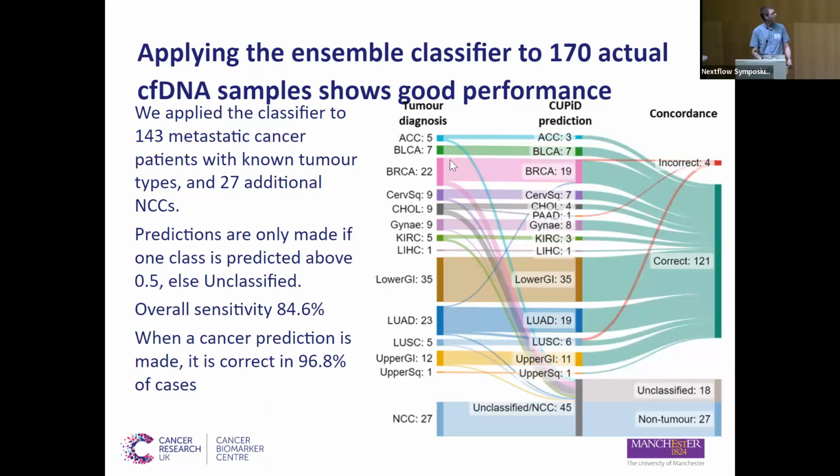Most of the predictions that I make, if I make a prediction, are correct. And I don't make predictions on additional non-cancer controls. So I get really nice sensitivity and specificity in using cfDNA from blood samples to determine cancer type.